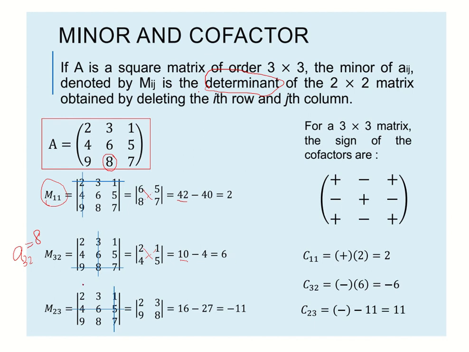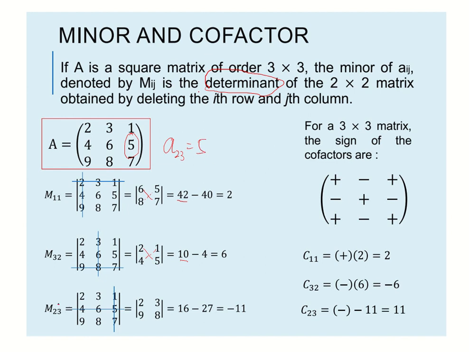Now to find the minor for the second row, third column: the second row is here, the third column is here, so this is the element, which is 5.